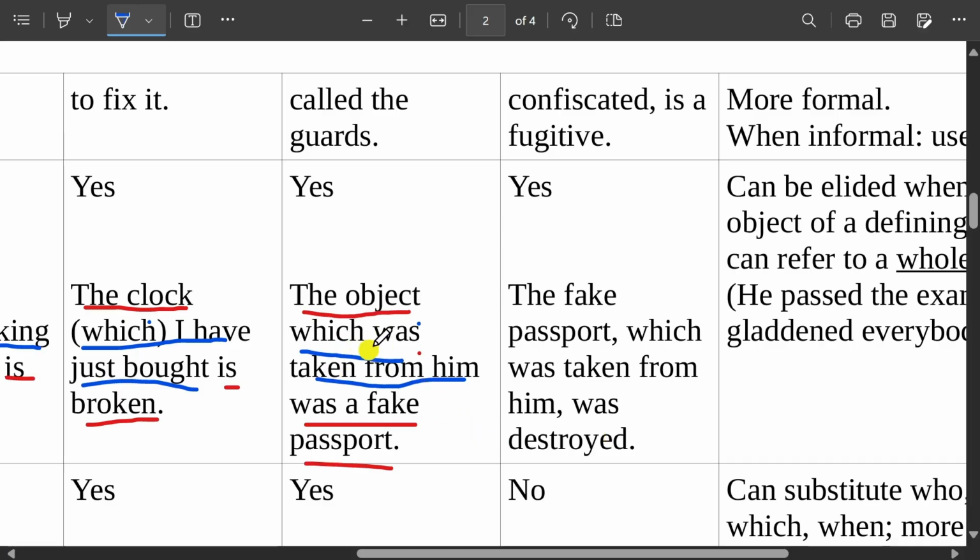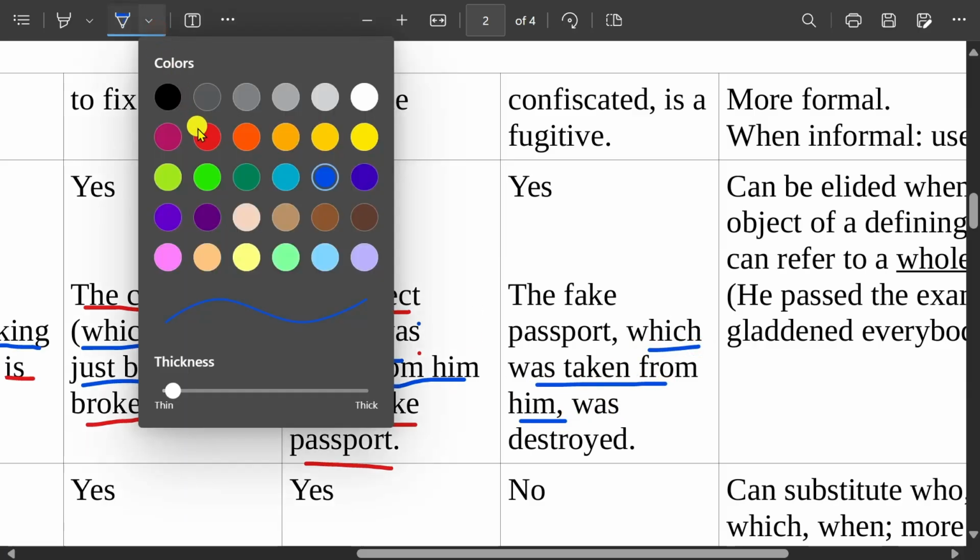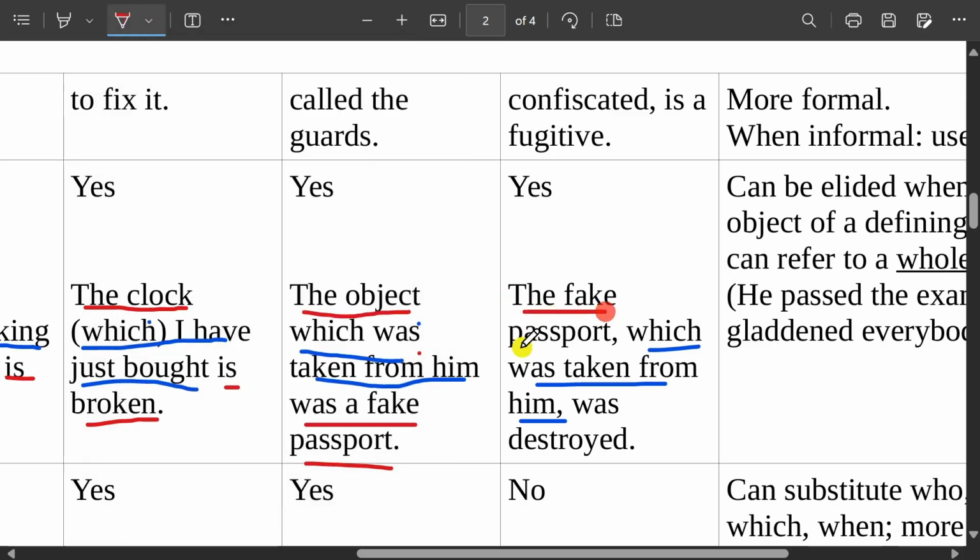So this is a defining relative clause, no commas. Remember? No commas because it's essential, it's important, so you should not separate it. Now here we have: the fake passport which was taken from him was destroyed. I took almost the same sentence, but I changed it a bit. And I added an adjective over here. The fake passport.